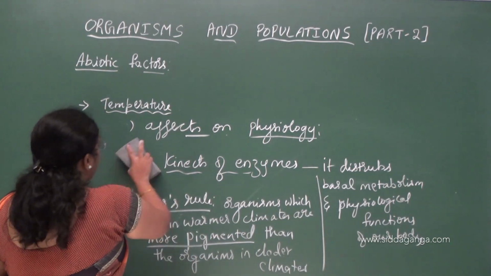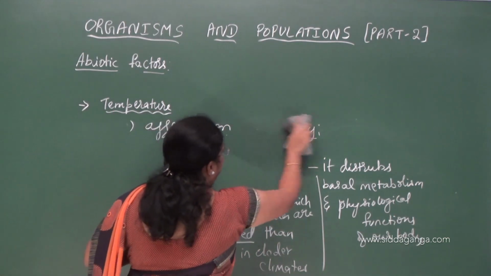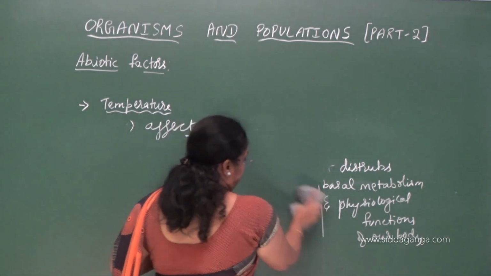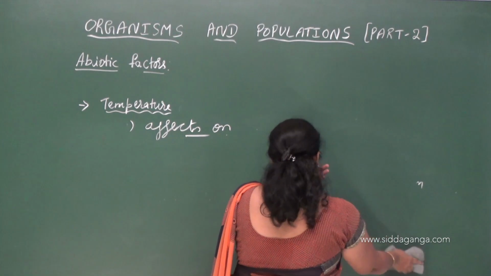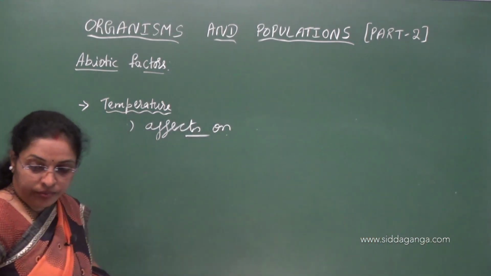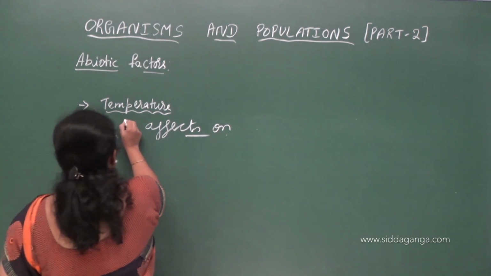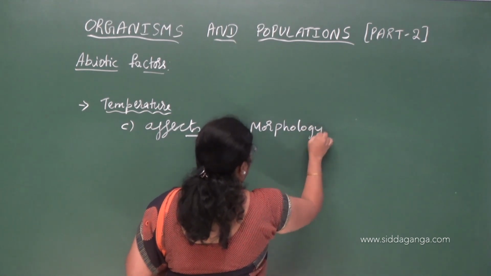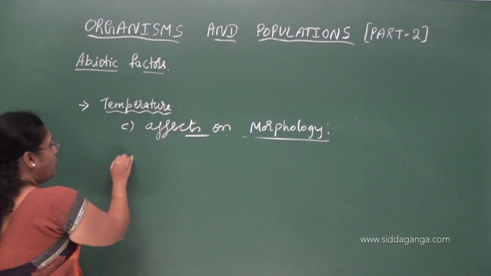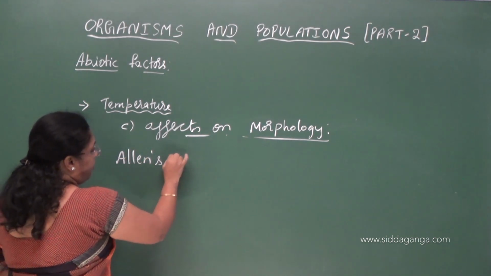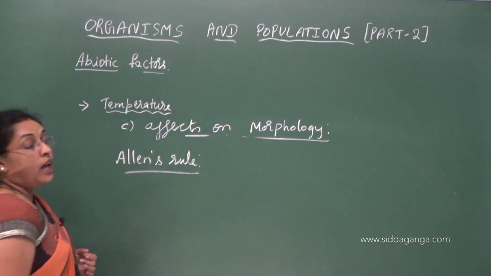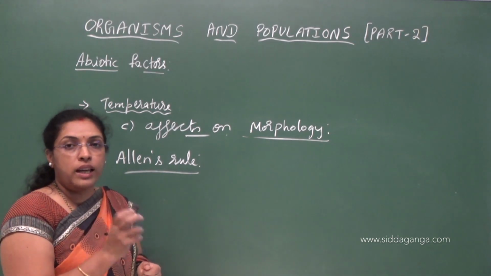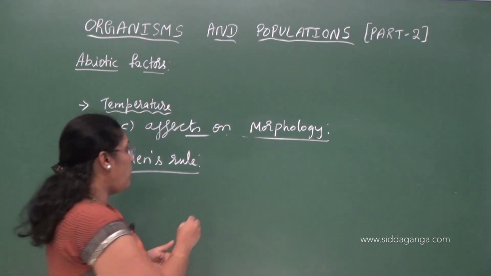Then temperature effects on morphology. According to Allen's rule, the mammals which live in colder climates have their ears, tail and legs smaller in size.